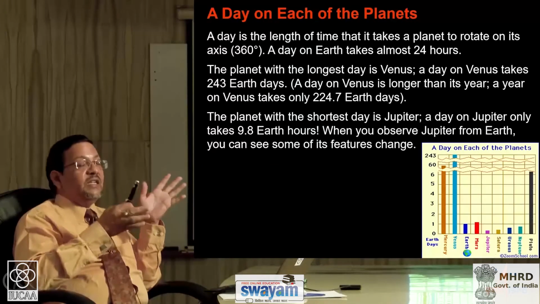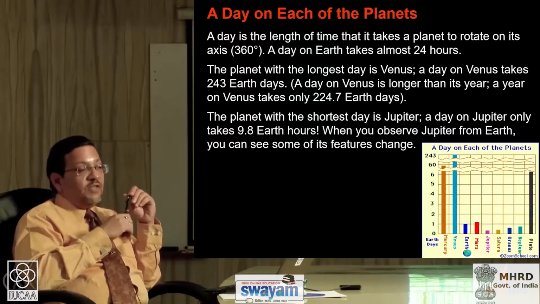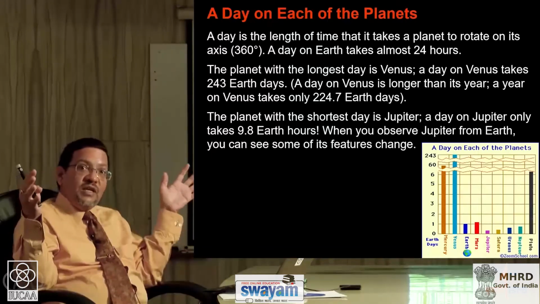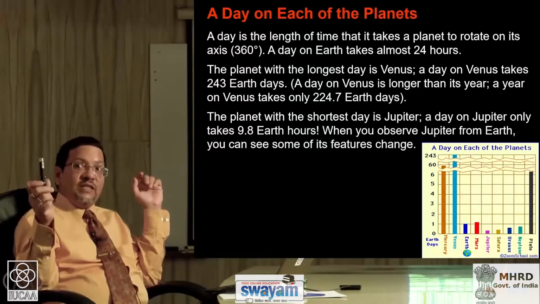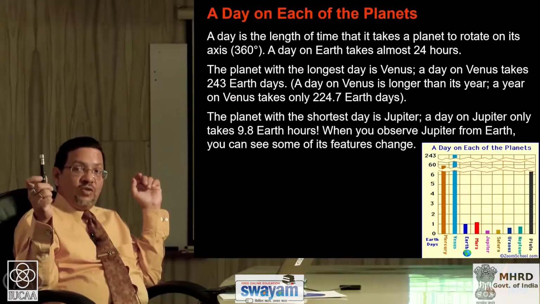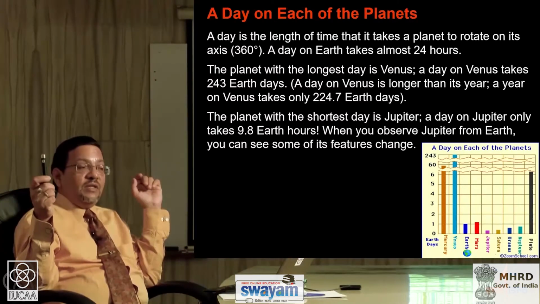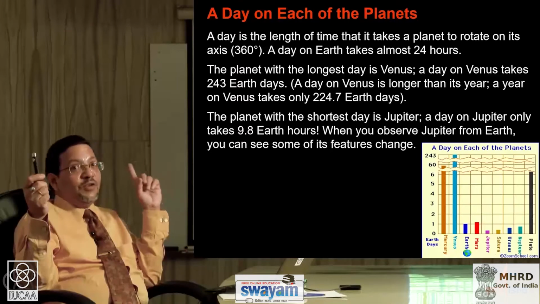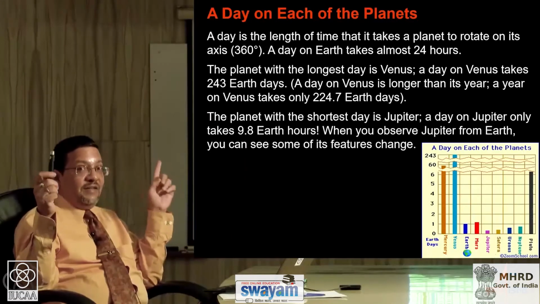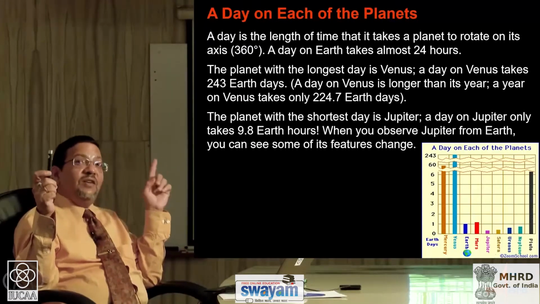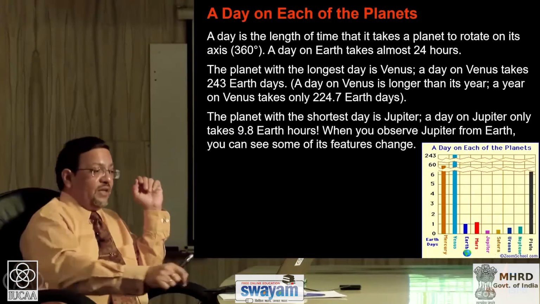It is exactly about 10 hours, which in turn means a huge planet like Jupiter is spinning on its axis, completing its rotation in 10 hours. That means 5 hours day, 5 hours night. On Jupiter, 5 hours day, 5 hours night, versus 120 days day and 120 days night on a planet like Venus.